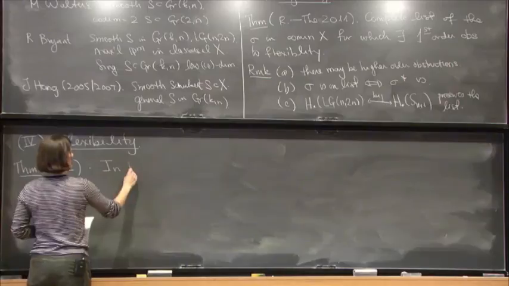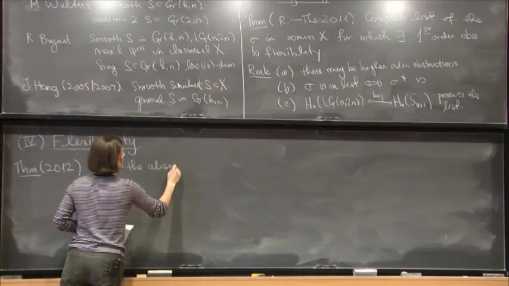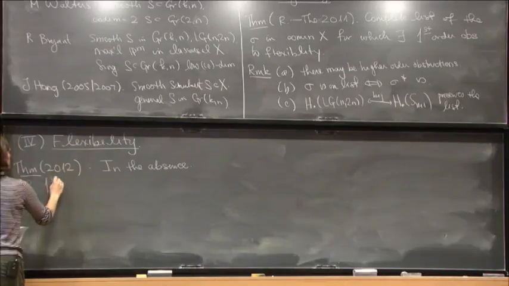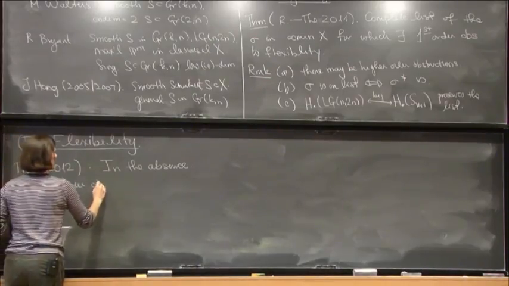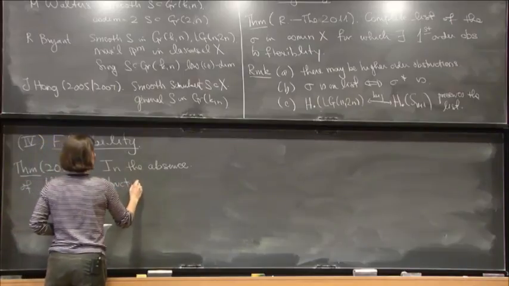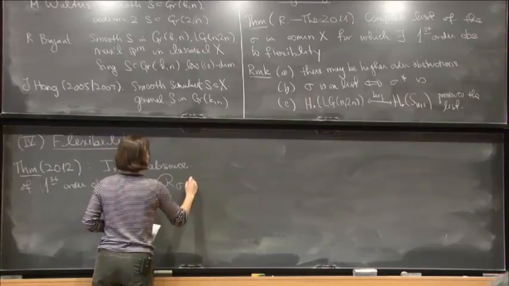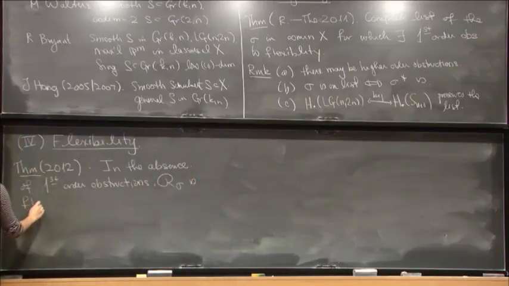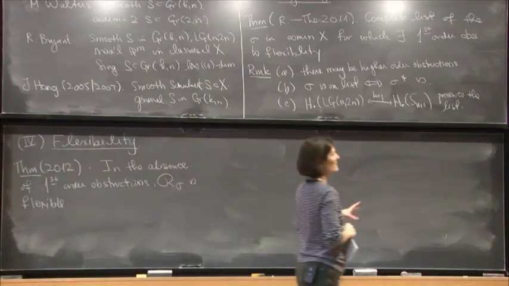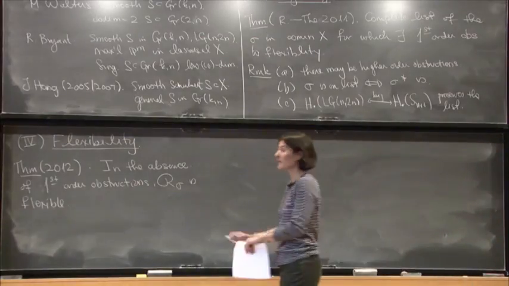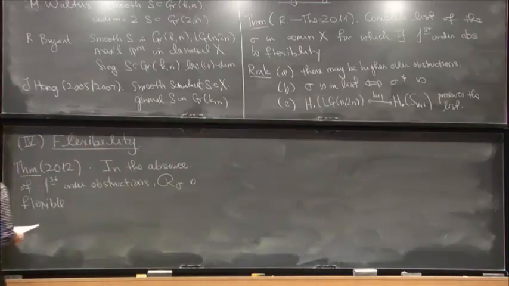So in the absence of first order obstructions, the Schur system is flexible. So in fact, it turns out there are no higher order obstructions. This then is a complete list of the Schur rigid classes in the Grassmannian, and likewise the red objects in the Cayley plane are a complete list.